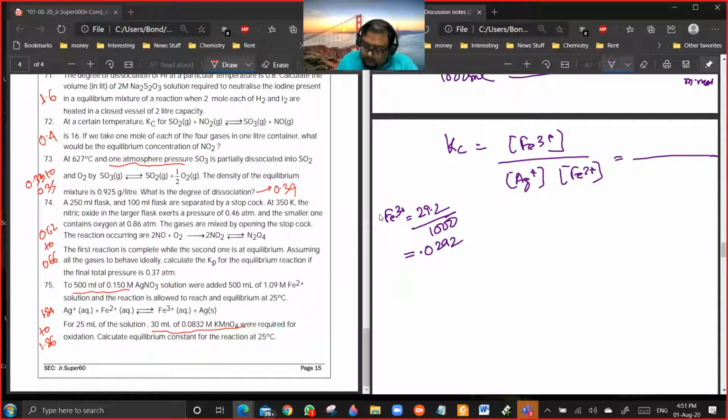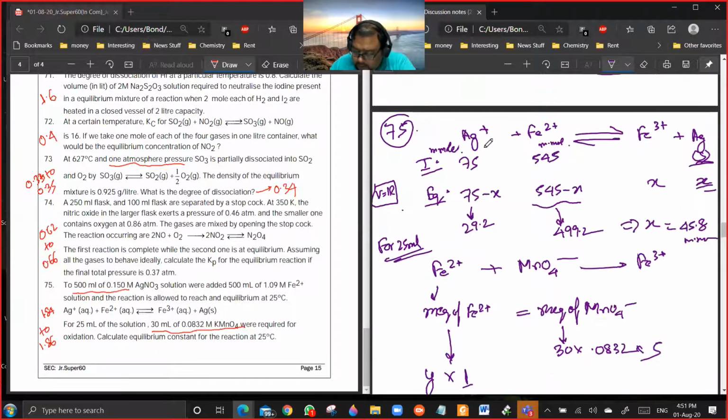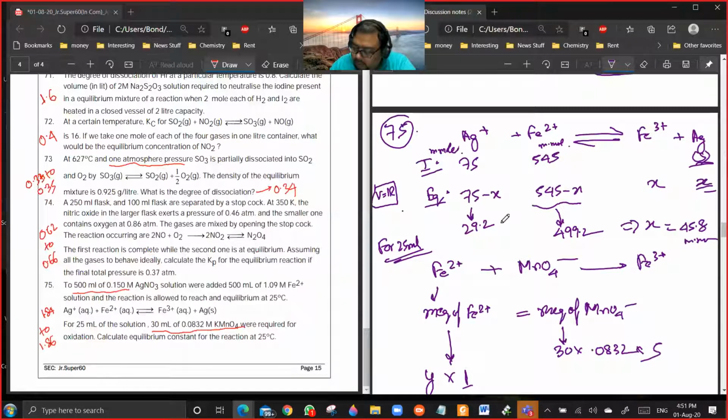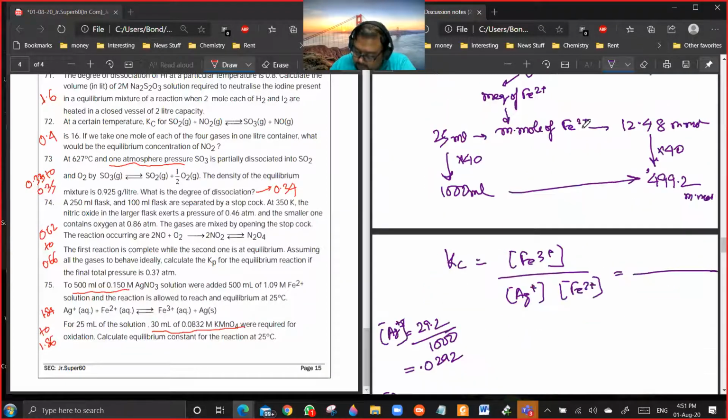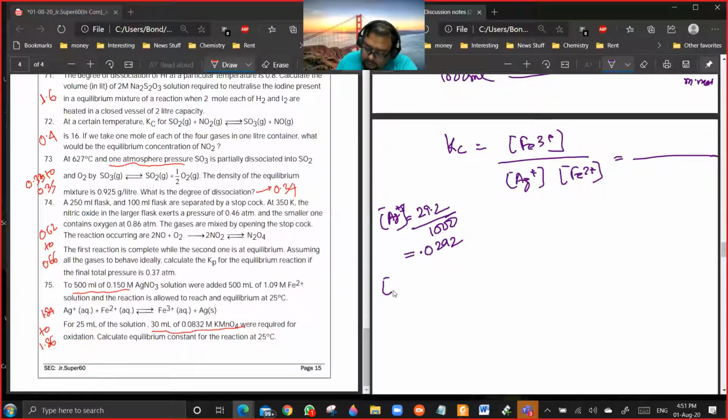Okay, concentration of Fe3 plus. Let me check. Yeah, the concentration of Fe2 plus will be 499.2 by 1000, which is equal to 0.4992.